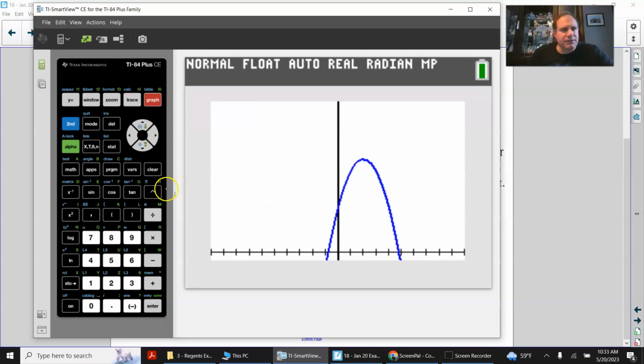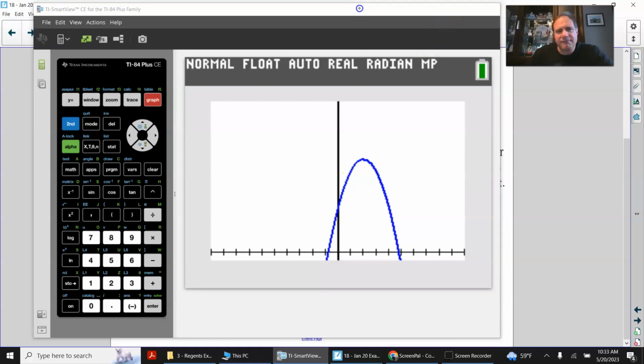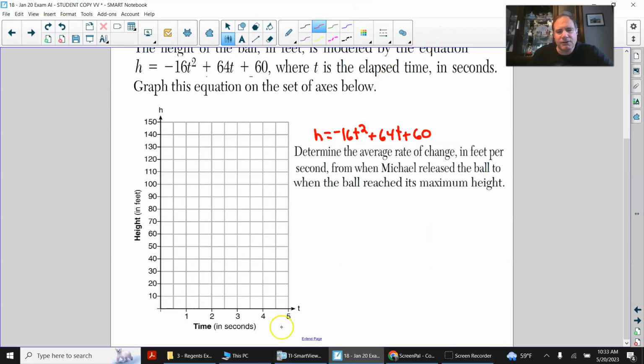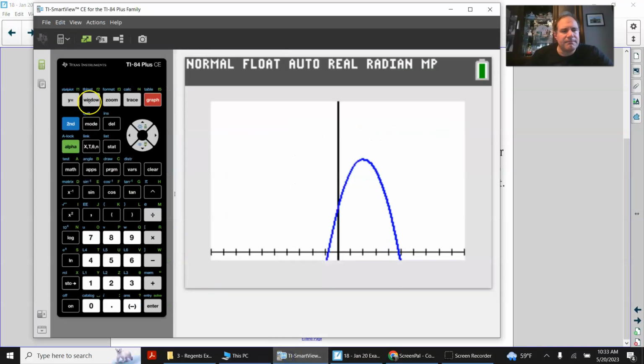Okay, that's pretty good. So I'm looking right here. This is what I have to graph. And because they gave me just the positives, I'm going to go back and mess with the table set.